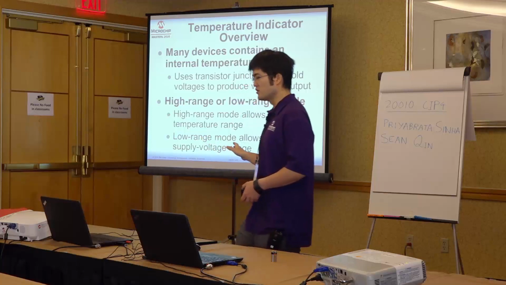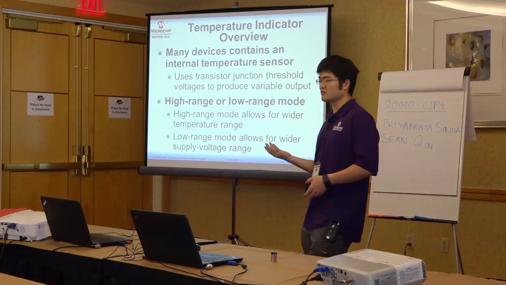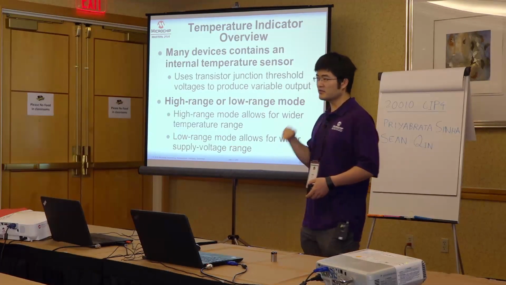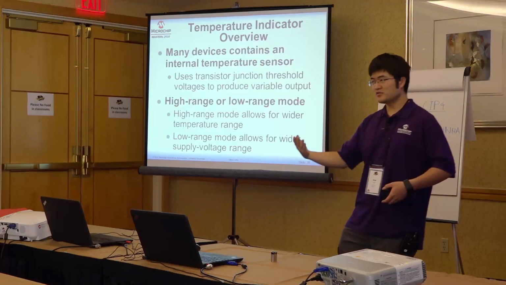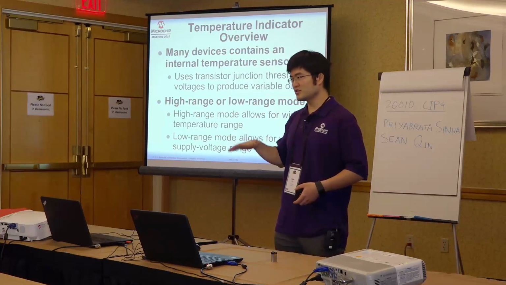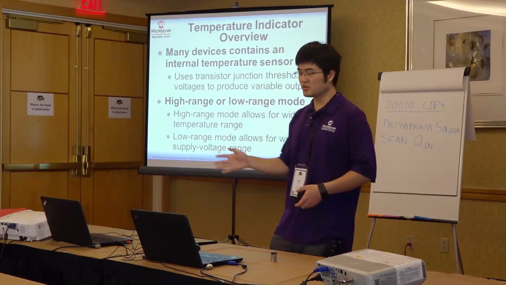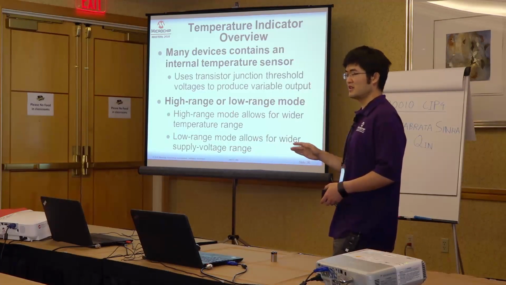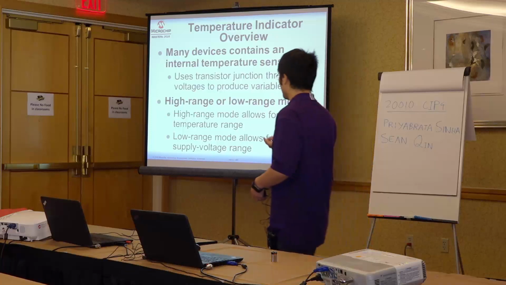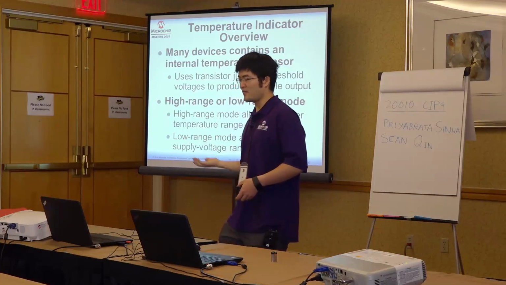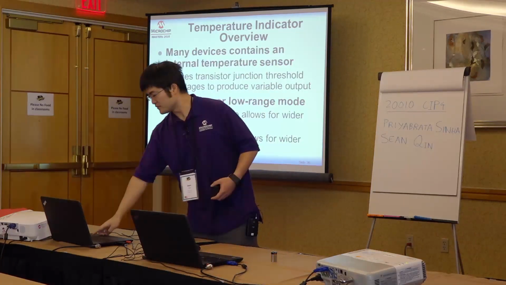The low range mode allows for a wider power supply voltage range. So you don't have to apply that much voltage to drive them because we have fewer junctions. So you just need 2 or 3 volts to push them through, but you don't have the wide dynamic range of temperature sensing.